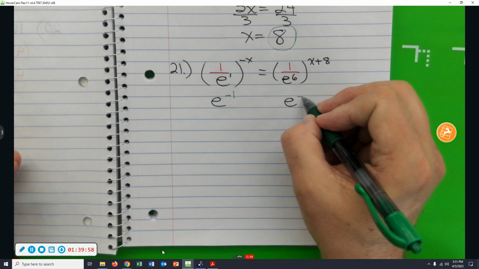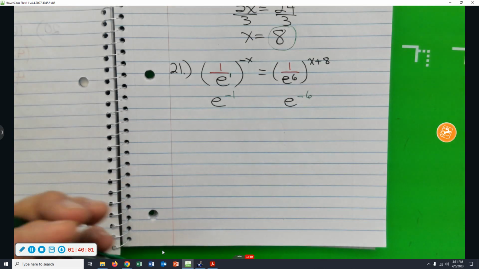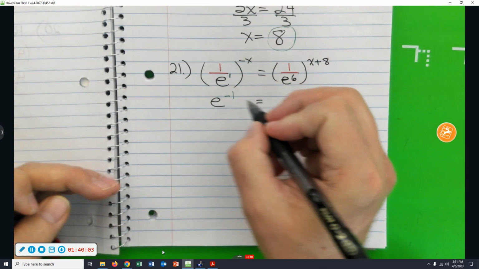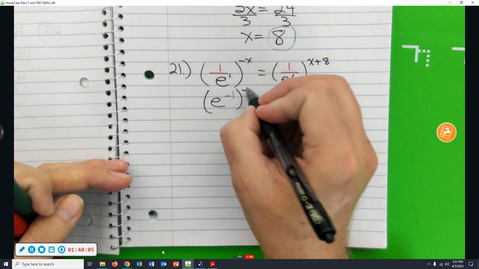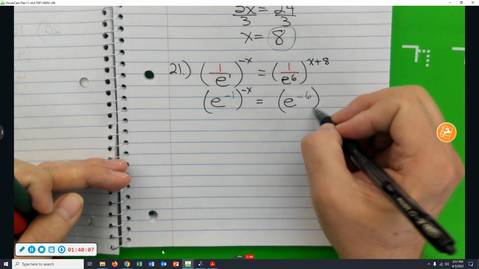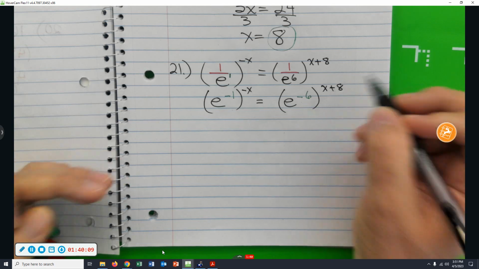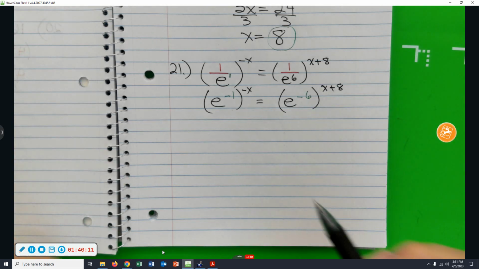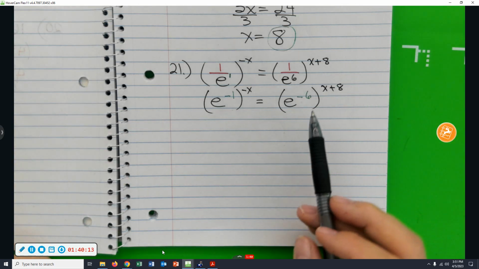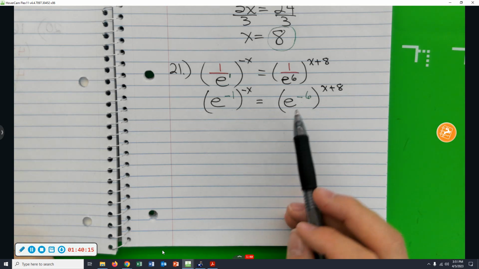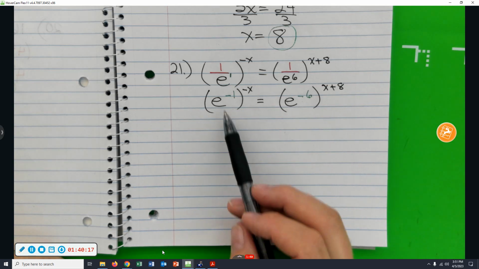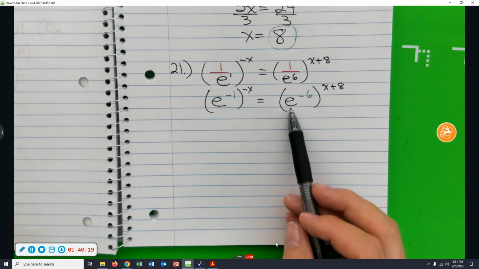Negative 6, I agree. Any questions there? Now it's very similar to the E problems y'all did earlier. And then it would be a positive x? That's right. But let's go back before we go any further. Any questions?